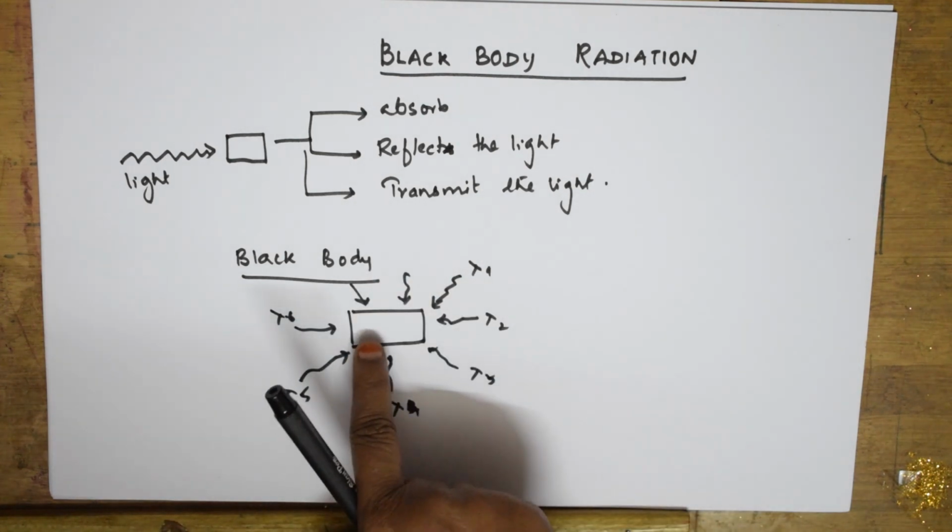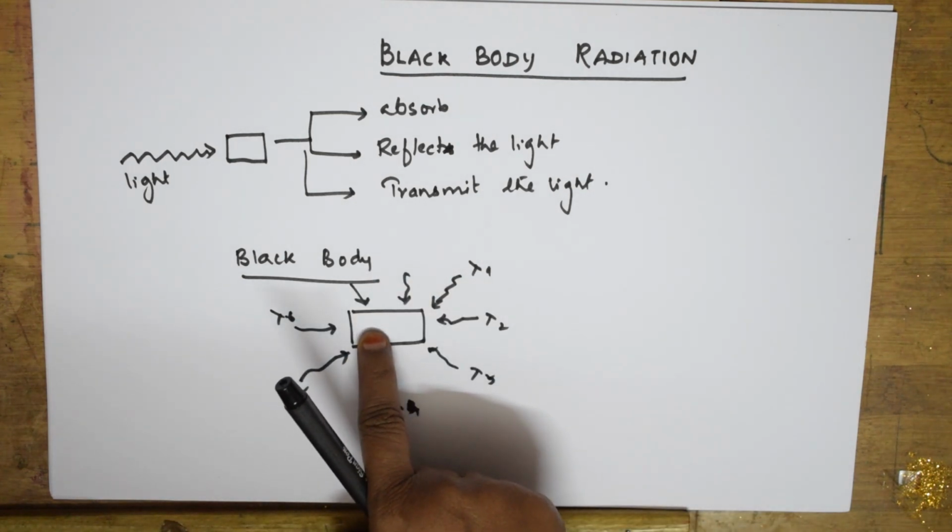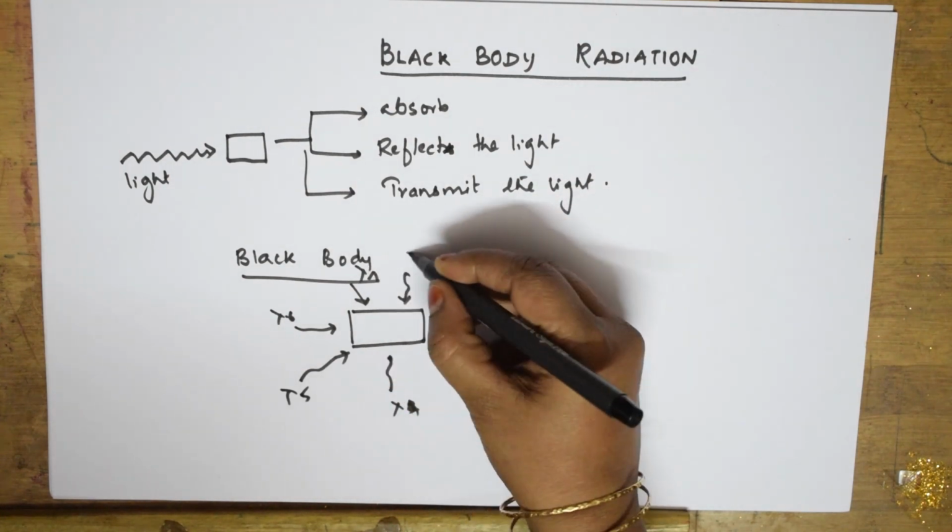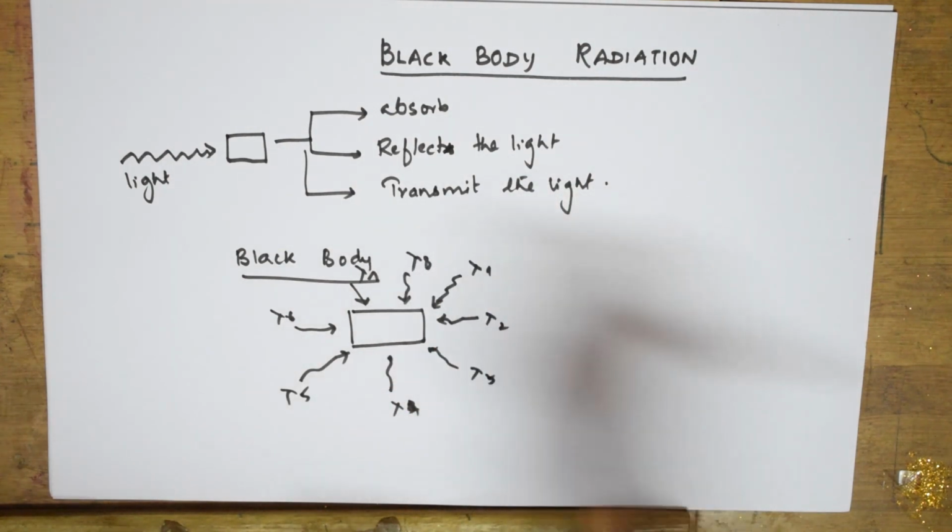Now if I have to define it, a black body is a body which absorbs wavelengths of all ranges. That's the first important point.